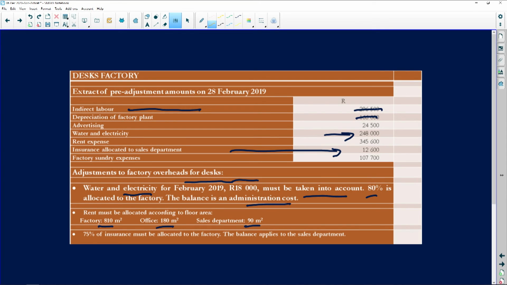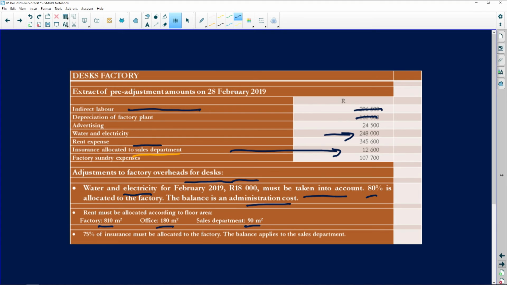Why am I saying that? Because the insurance figure that was given to me was specific insurance allocated to sales. Insurance allocated to sales was 12,600.